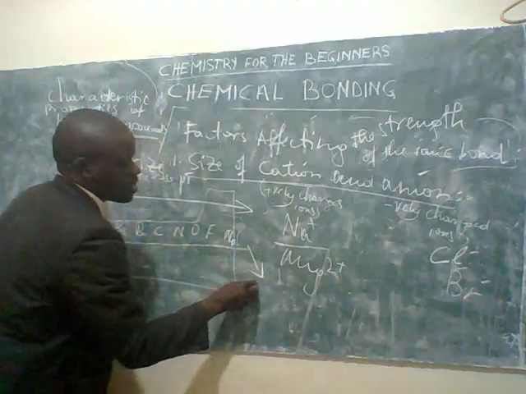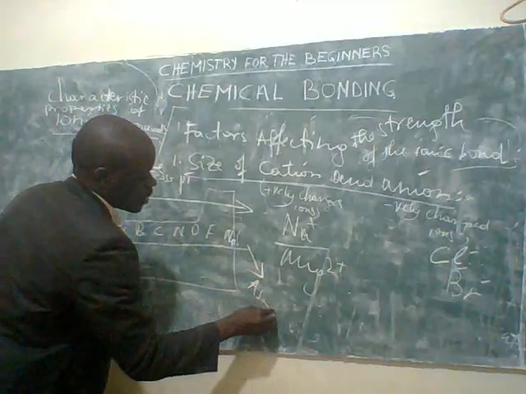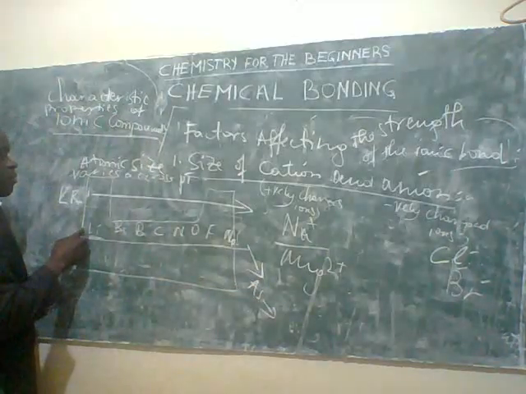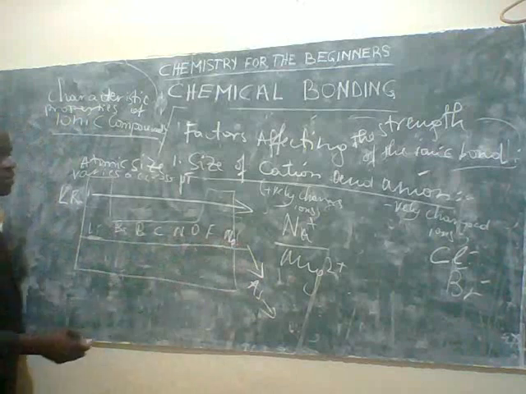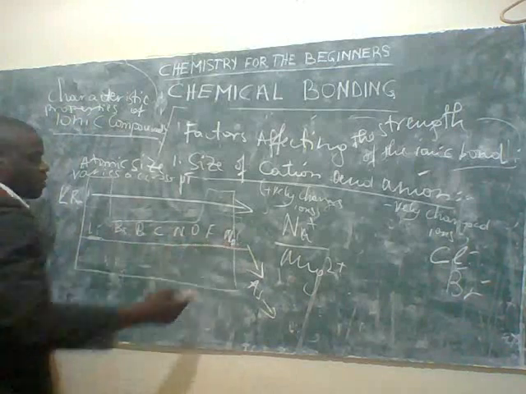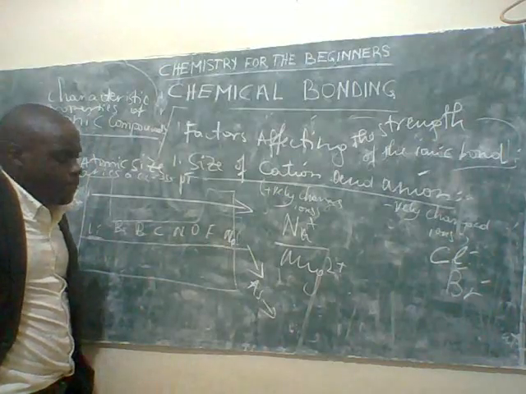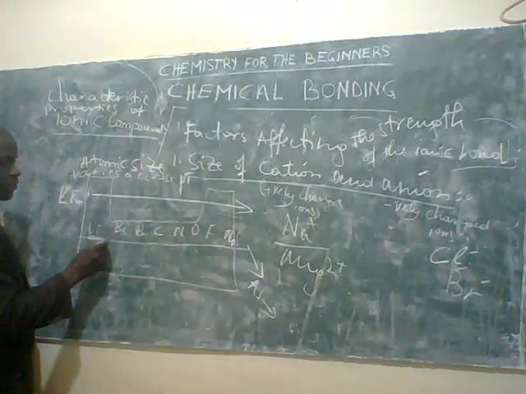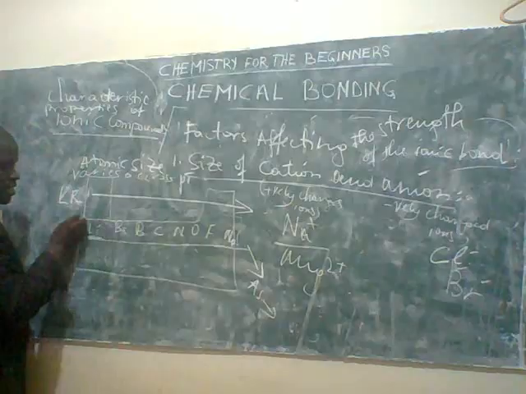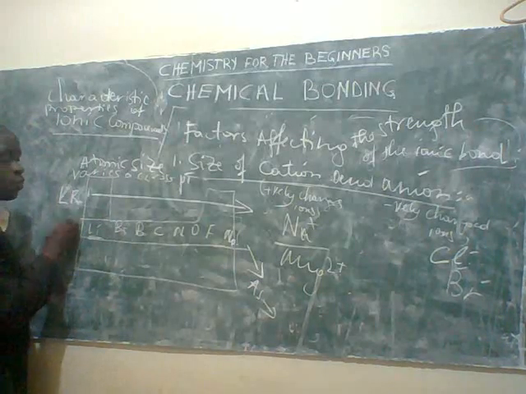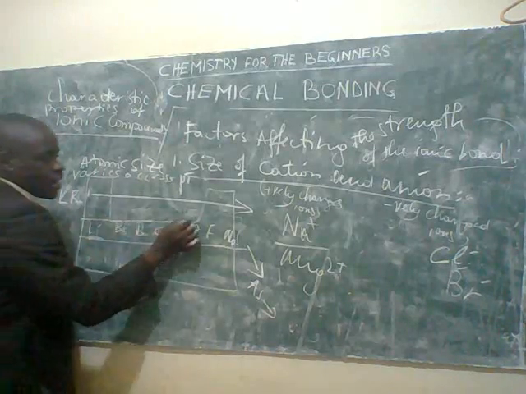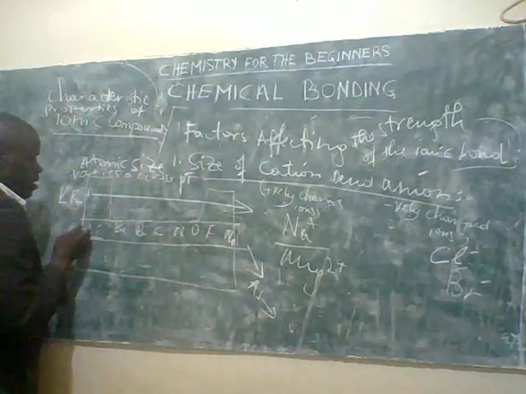Atomic size decreases from left to the right because first they have the same number of shells if they are in the same period.